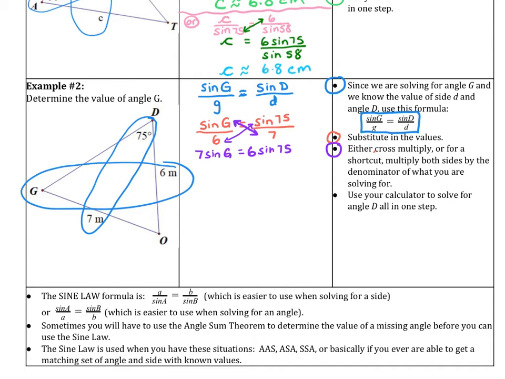Now, this is where you have to be careful. Sine and G kind of go together right now. So you're not going to isolate G and divide by 7 sine. You're first going to isolate sine G. So you are going to divide both sides by 7.